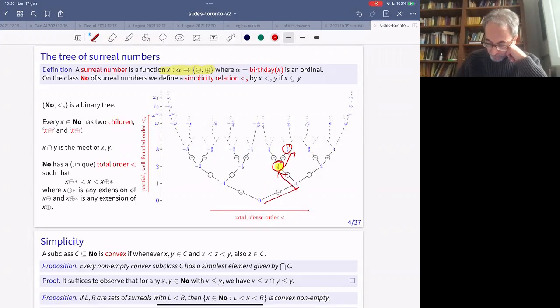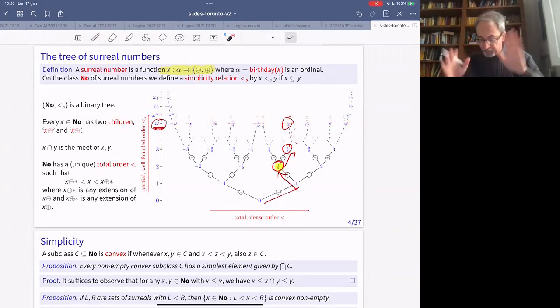At some point, you have limit ordinals. You arrive at stage omega, in which you have limit ordinals. So you get a function whose domain is an ordinal, and whose values are in a binary set, which tells you whether to go left or right in this tree.